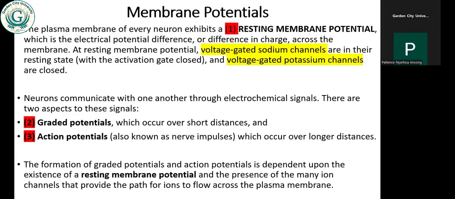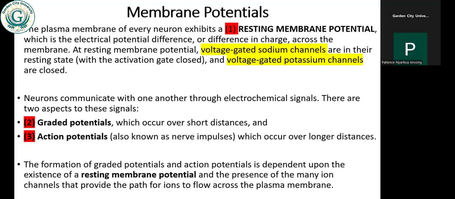I'll take that again. We have differences in charges because of the differences in ions across the cell membrane. When you say across, meaning the outside and inside. Sodium is in higher concentration outside than inside. Potassium is of higher concentration inside than outside. We have other ions.